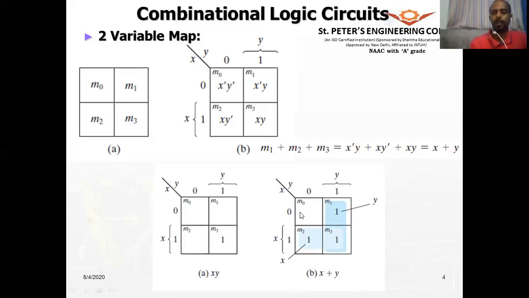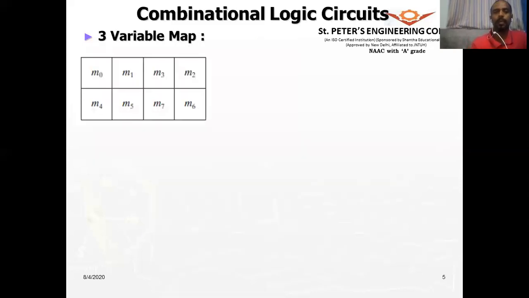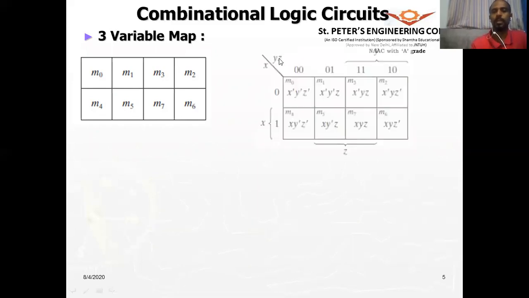Okay, right. So let us take a 3 variable map. This is the way we have arranged for a 3 variable. So two rows and four columns. Now why is it like this? Because we have taken two variables this side and one variable. So x is the most significant bit and z is the least significant bit. So x, y, z. So x is 0, y and z both are zeros.